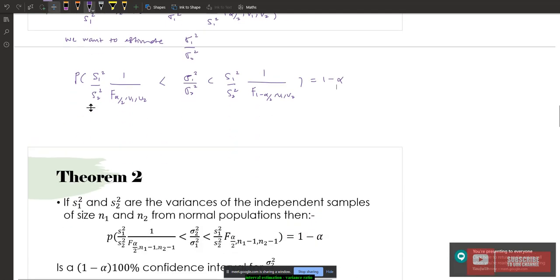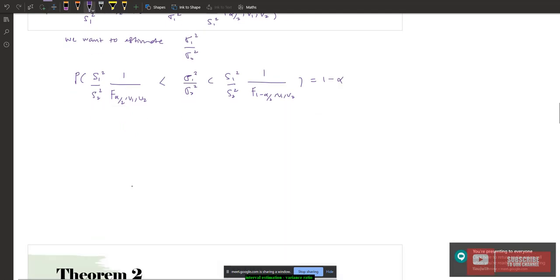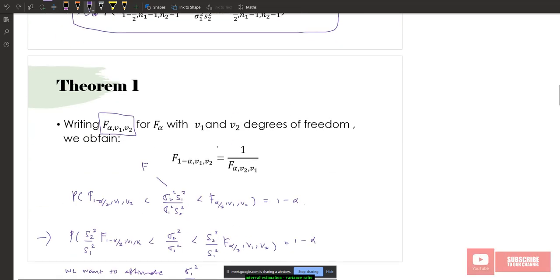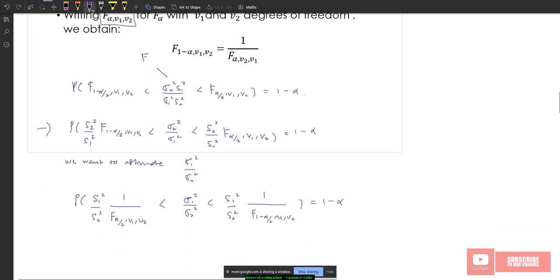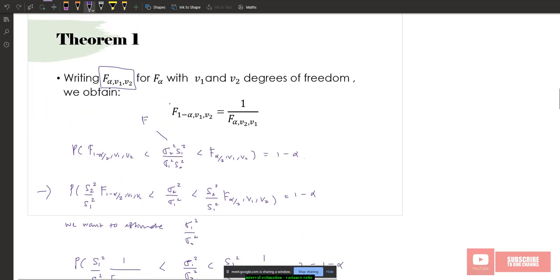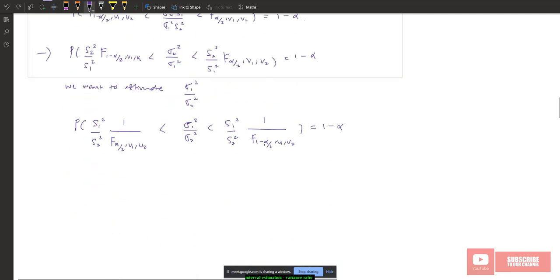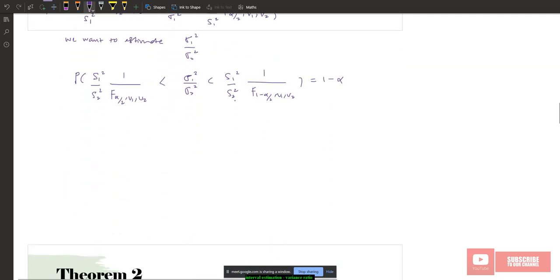right? So based on this theorem, we know that f 1 minus alpha v1 and v2 is also equal to 1 divided by f alpha v2 and v1. So if we invert this one, we apply that theorem to this side, because this side has f 1 minus alpha divided by 2.